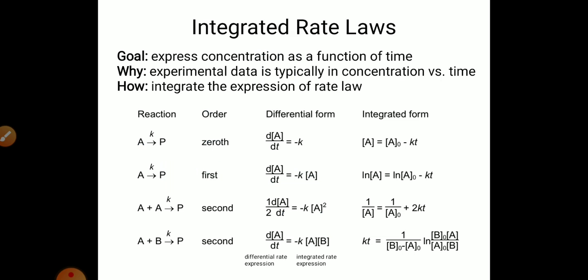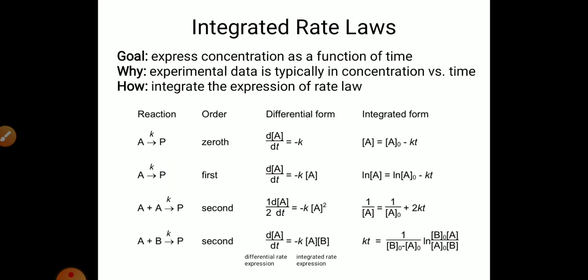For example, in the integrated rate laws, here you can see the order of the reaction, the differential form and the integral form. The first reaction is unimolecular, A converts into P. It is a zero order reaction because the rate does not depend on the concentration.